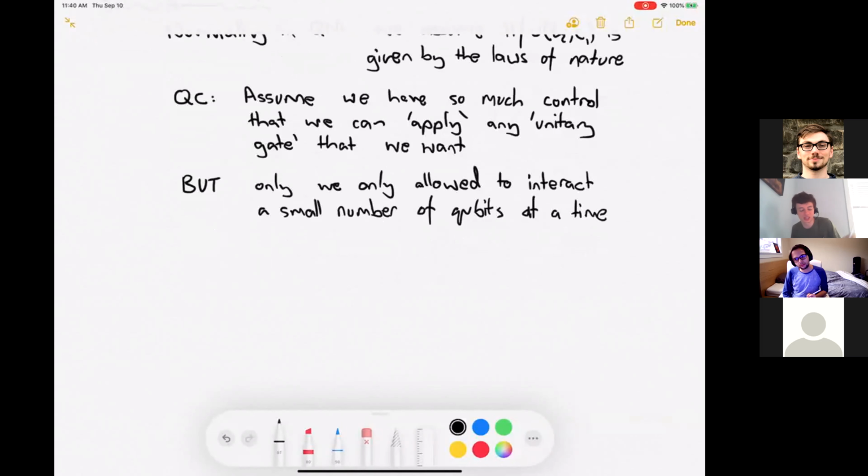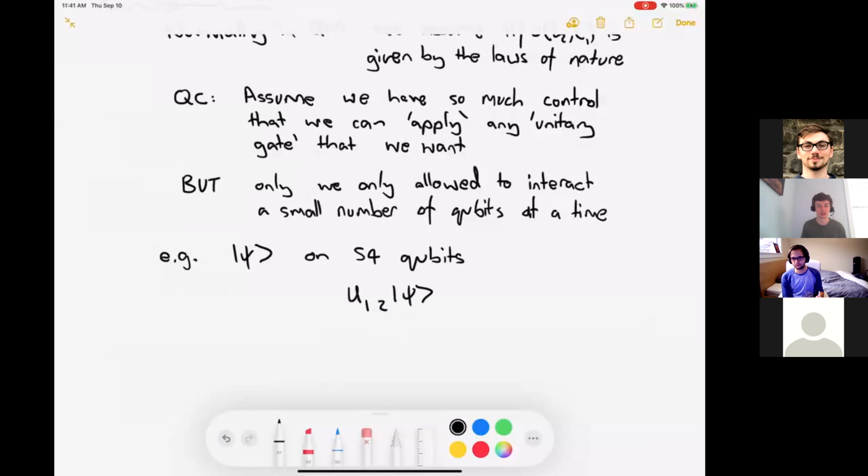So if I have some state psi on this Google quantum computer with 54 qubits or whatever it has, then my computer program will be to take that state psi, and then maybe I apply some unitary that interacts qubits 1 and 2. Okay?